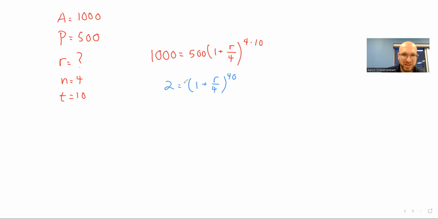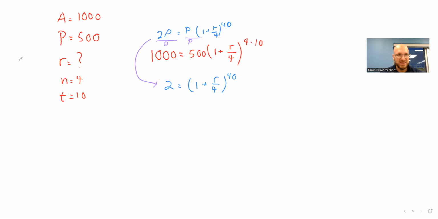Doubling is going to be 2, and I can pretend my initial amount is A. So if they hadn't given me this, I could say 2p equals p times 1 plus r over 4 to the 40th. And I can divide both sides by p. Doesn't matter what the initial amount is, I still end up here.